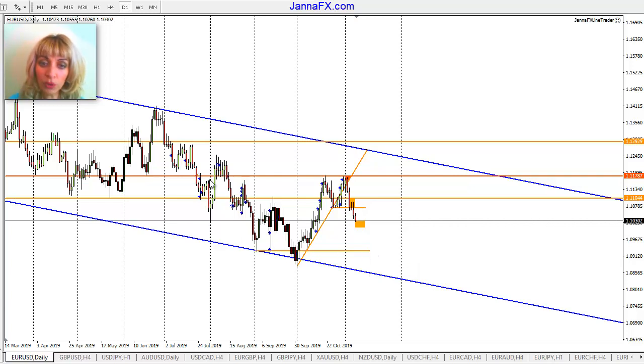I pointed out, because as I previously mentioned, it was looking like an upside down head and shoulders pattern creation. Of course, at one side it could be a shoulder, right?